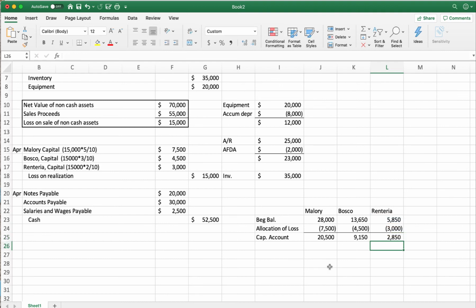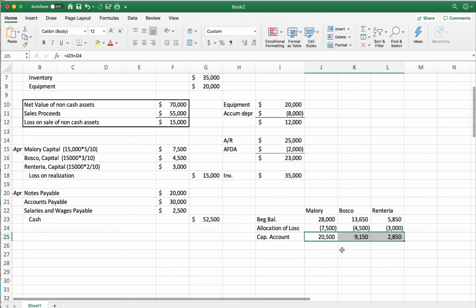Okay, so this is what we need to pay them. Okay, notice what their total is, $32,500.